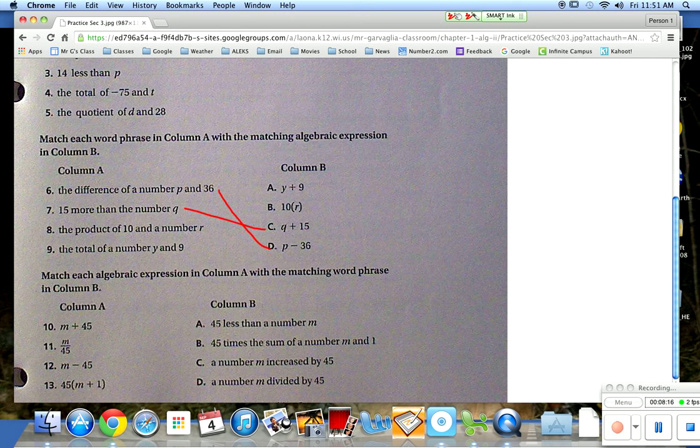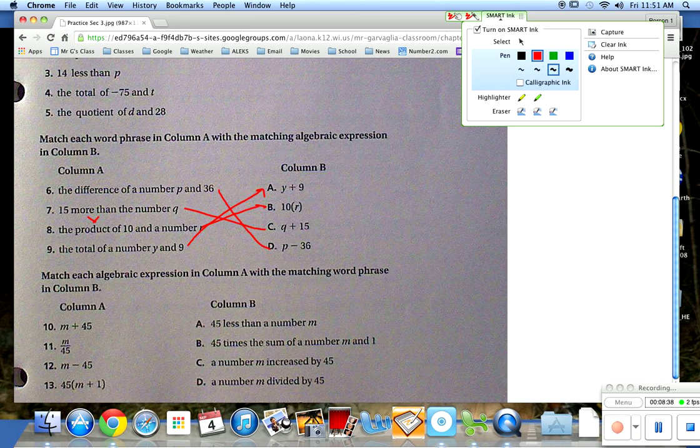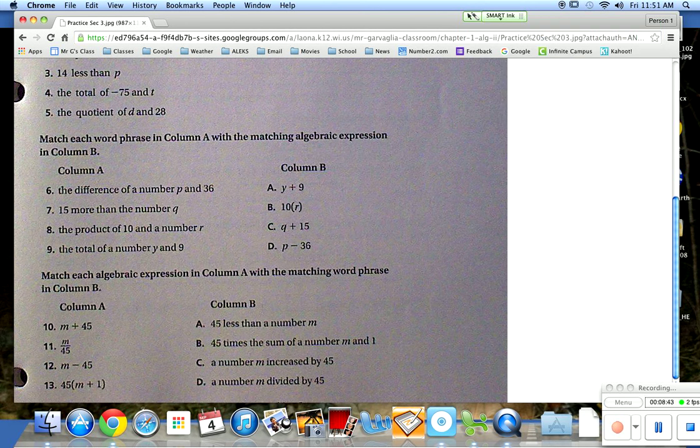The product of 10 and a number R. Product means multiply. And the last one, the total number of Y and 9 is A. Okay? You guys are cruising, man. You guys are cruising. All right.